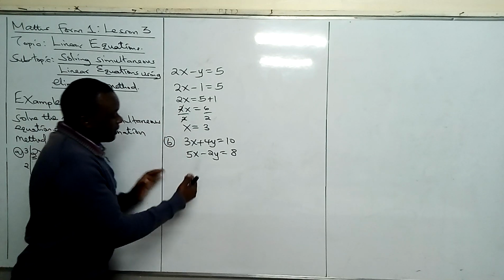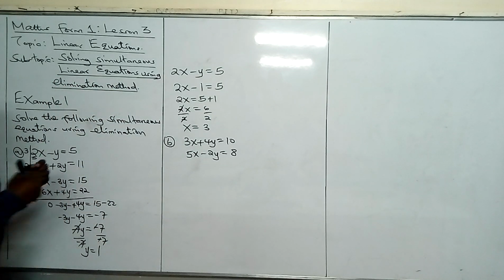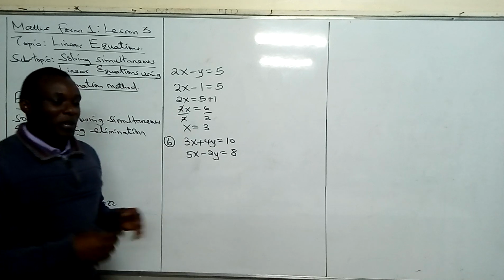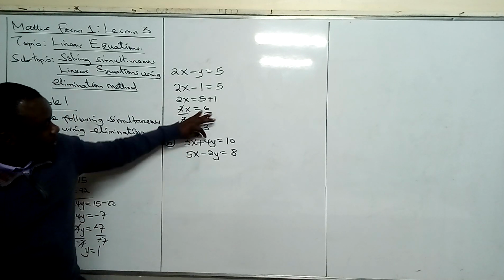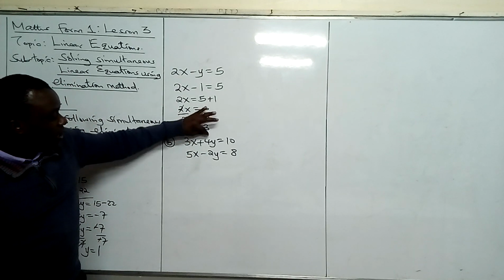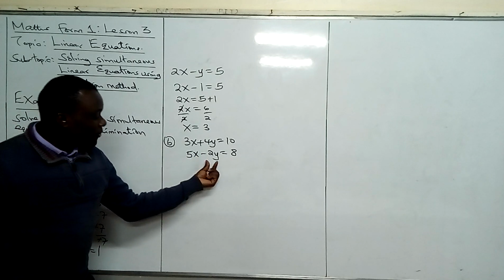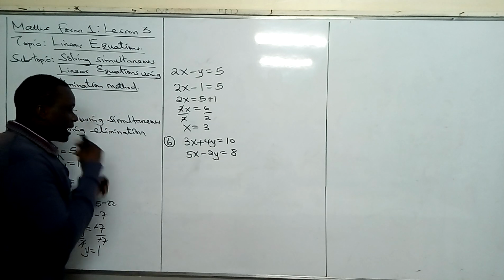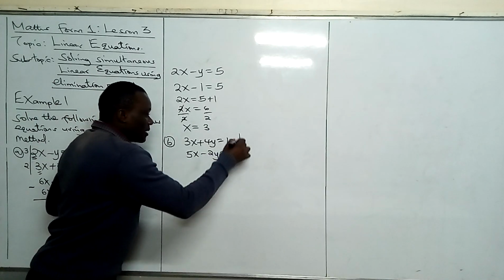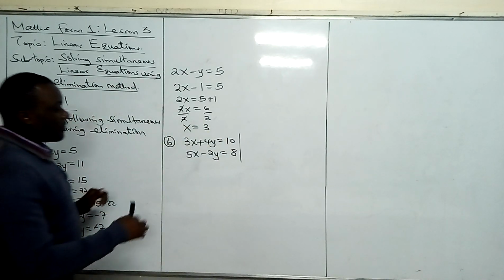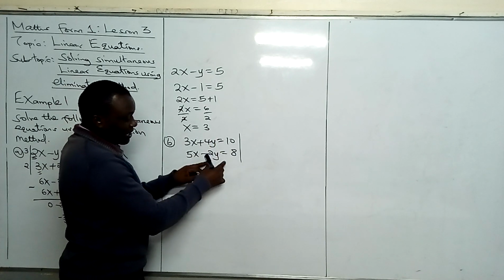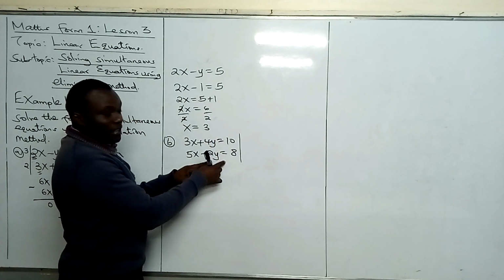So remember, for us to eliminate y, we will make the coefficient of y in both the first and the second equation equal. In this case, the coefficient of y in the first is 4. The coefficient of y in the second is minus 2. They are not the same. So, as I said earlier, we will draw a line there, and then we multiply the first equation by the coefficient of y in the second equation.